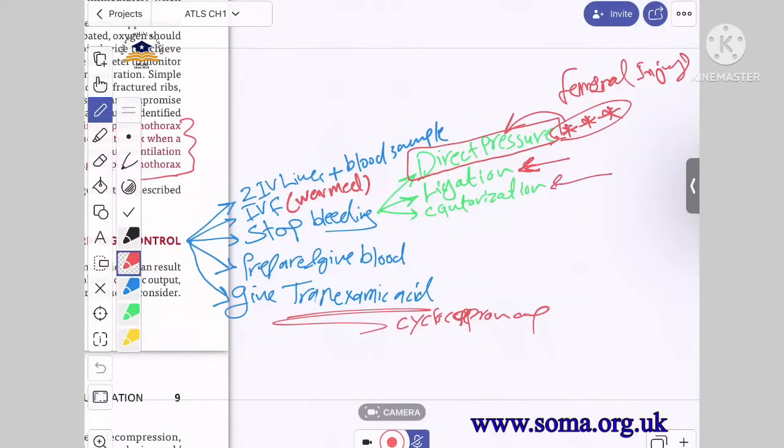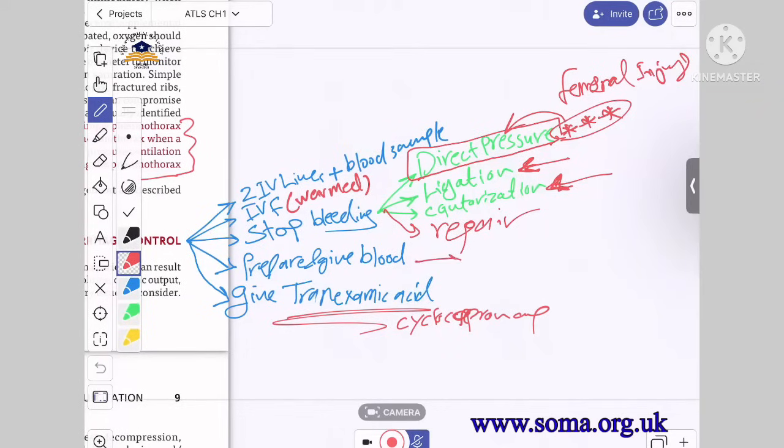Also, we can do cauterization for tiny arteries in the emergency department if we have cautery. And lastly, repair of the artery. So this is how to stop bleeding in general in the emergency room, the trauma room, or the emergency operative room.